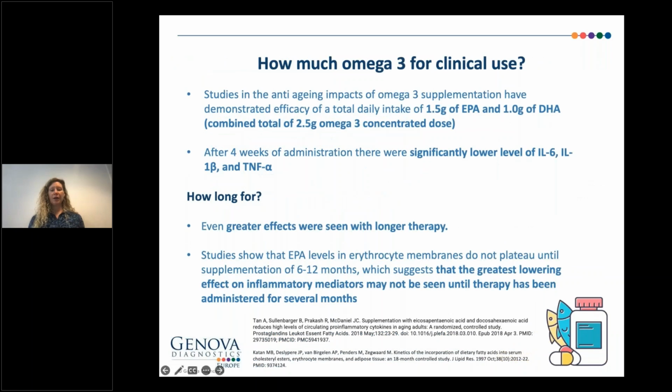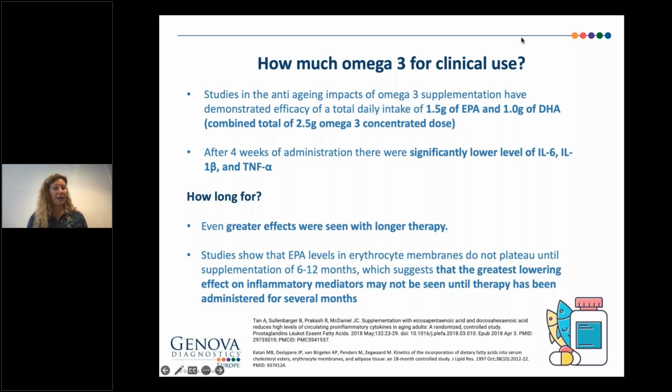So how much omega-3 do we supplement in clinical use? Studies of the anti-aging impacts of omega-3 supplementation have demonstrated efficacy of a total daily intake of 1.5 grams of EPA and 1 gram of DHA. That's a combined total of 2.5 grams of omega-3 as a concentrated dose.